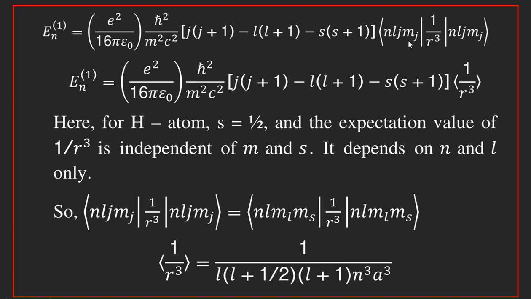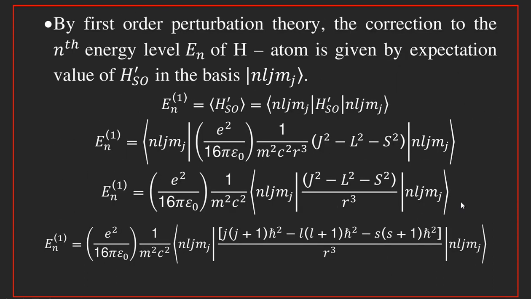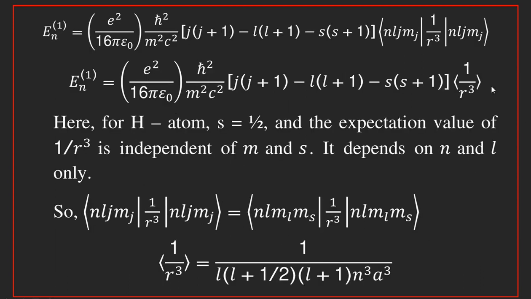Now the remaining will be the expectation value of 1 by R cube with respect to the basis NLJMJ and NLJMJ. So that is En of 1 is equal to this one into J into J plus 1 minus L into L plus 1 minus S into S plus 1 into the expectation value of 1 by R cube.